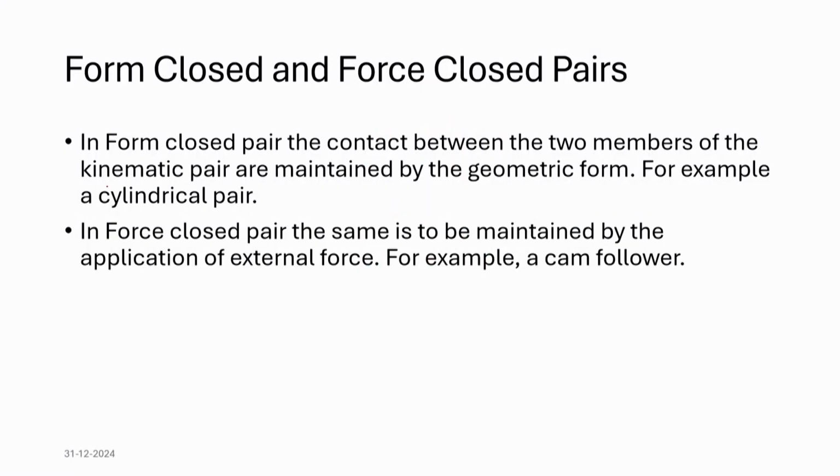So, that is the form closed pair. For example, a cylindrical pair is a form closed pair, and a force closed pair is such a system where the contact is to be maintained with the help of an external force, for example, a cam follower. So, this is another way of defining a particular type of moving system or mechanism.